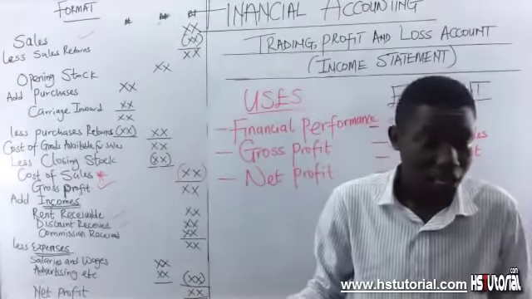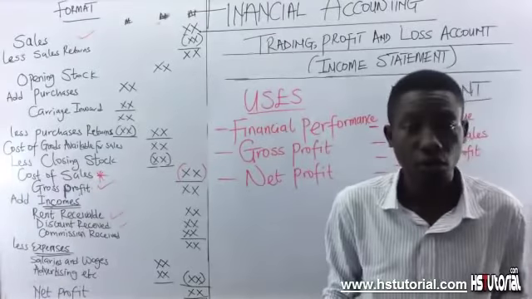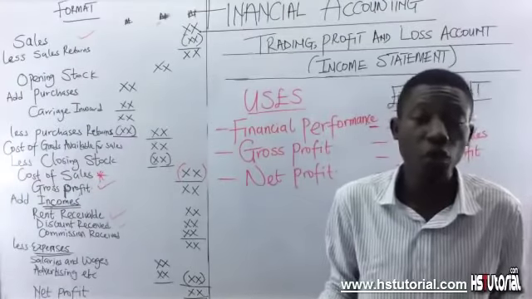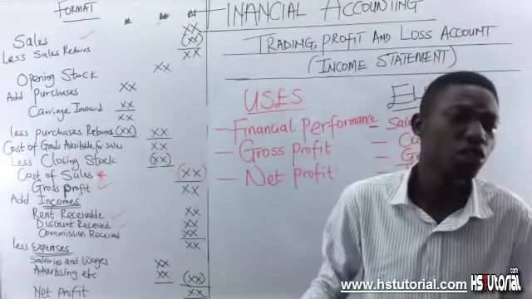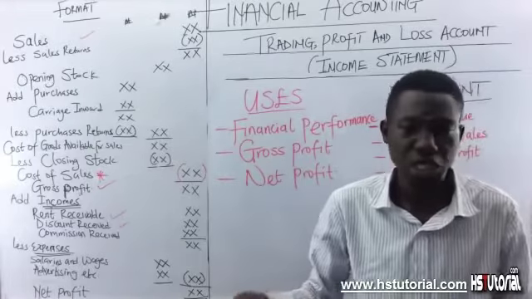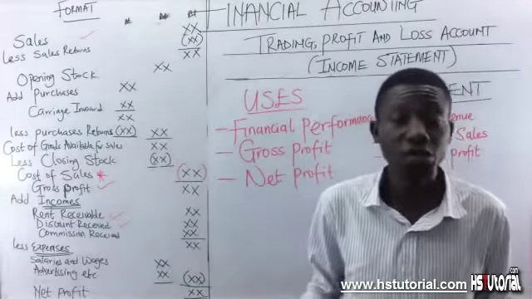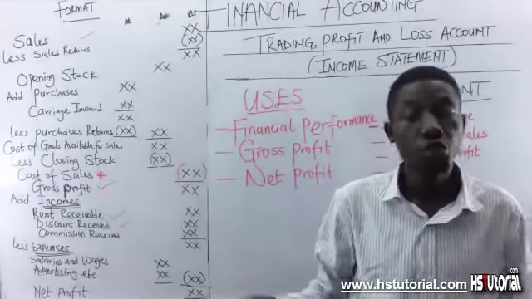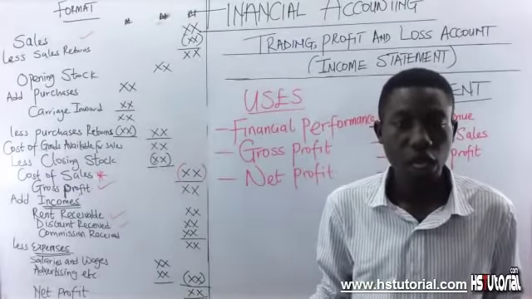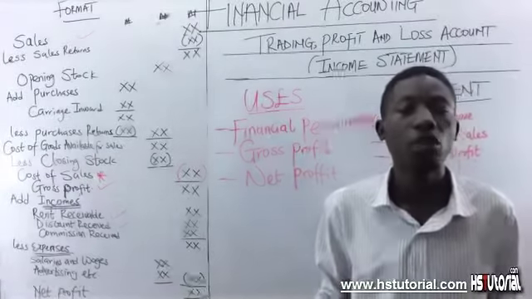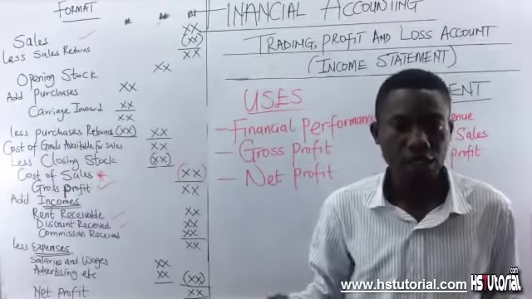That is the kind of thing you can make provisions for. You can also make provisions for discounts allowed and discounts received. That's discounts you want to receive, though you are not sure that you are going to receive them, but you will receive it. So you can make provision for that kind of discounts as well.